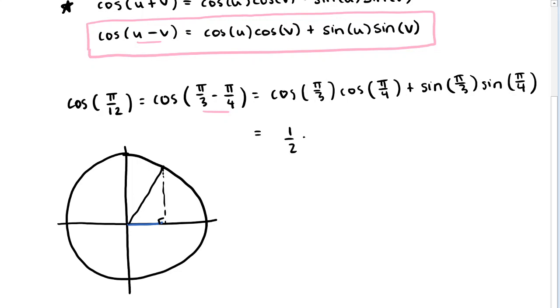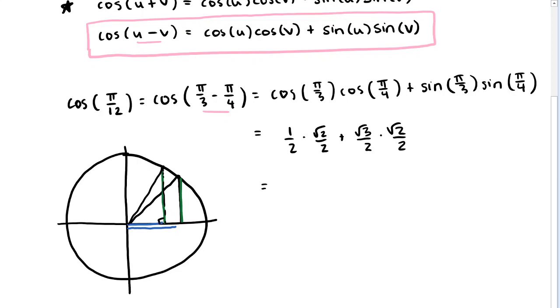Now cosine of pi over 4 corresponds to the 45, 45, 90 triangle, and cosine of that angle gives us the square root of 2 over 2. Then we have sine of pi over 3, which is this side length here in this triangle. That's the square root of 3 over 2. And then sine of pi over 4, well, that's this length here. That's the square root of 2 over 2.